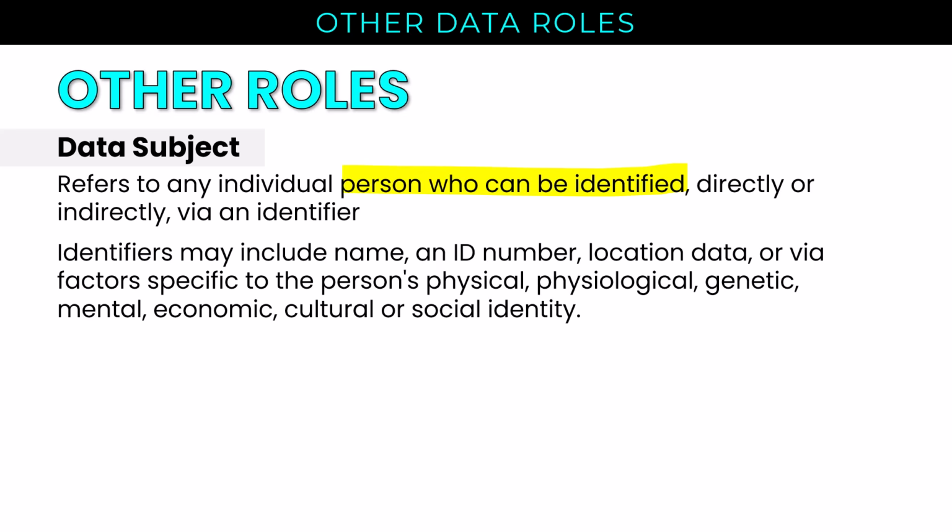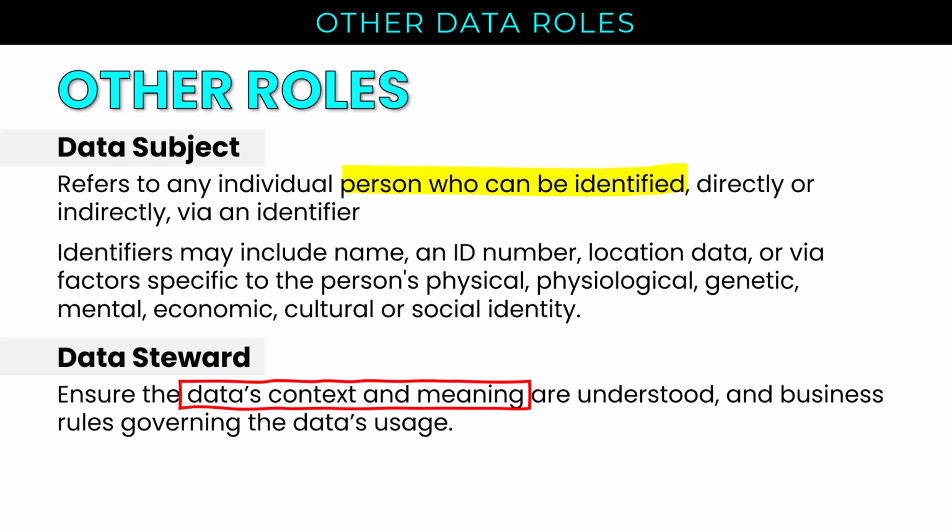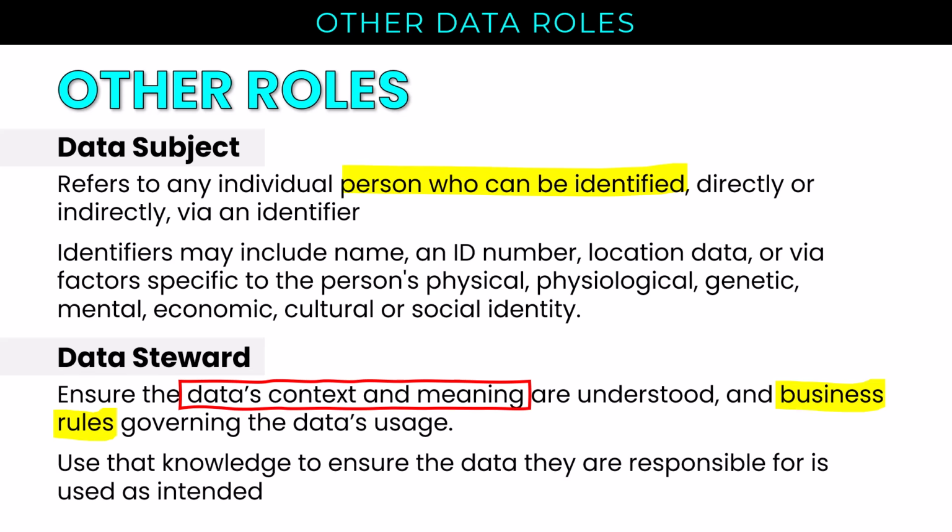Any way we can identify that person. And then the data steward, who ensures the data's context and meaning are understood and business rules governing the data's usage are in place. They use that knowledge to ensure the data they're responsible for is used as intended.